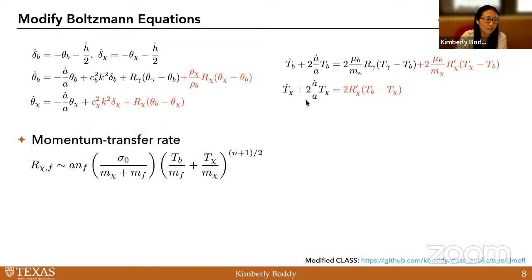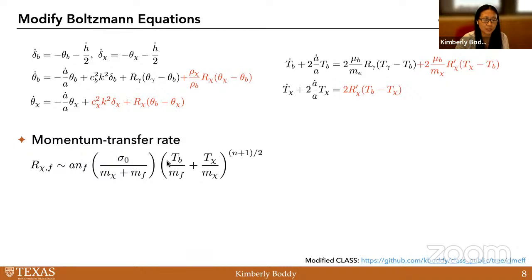And so the most important aspect of this story is the momentum transfer rate. When you have scattering, you're going to transfer momentum between the dark matter and the baryons. And remember that our cross-section scales as some sigma naught prefactor times v to the n. And this is the individual particle velocity. But when we want to think about the entire fluid, we're going to have to average over velocities, right? And so in the momentum transfer rate, you can see this velocity effect coming in here.